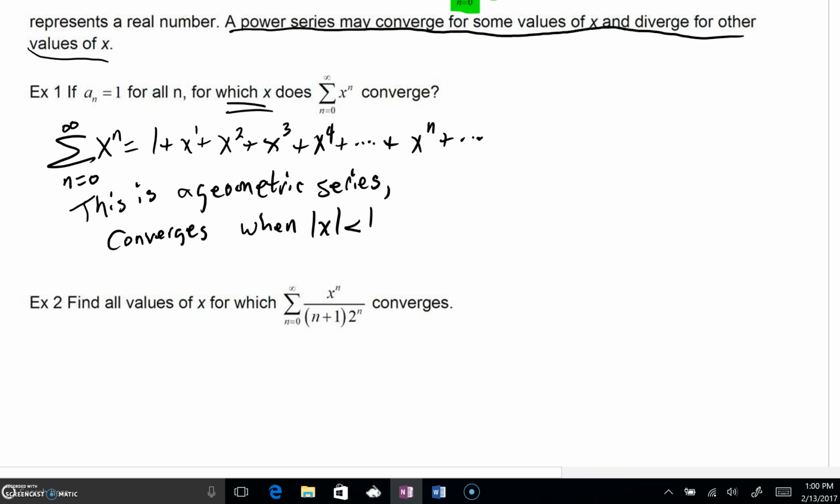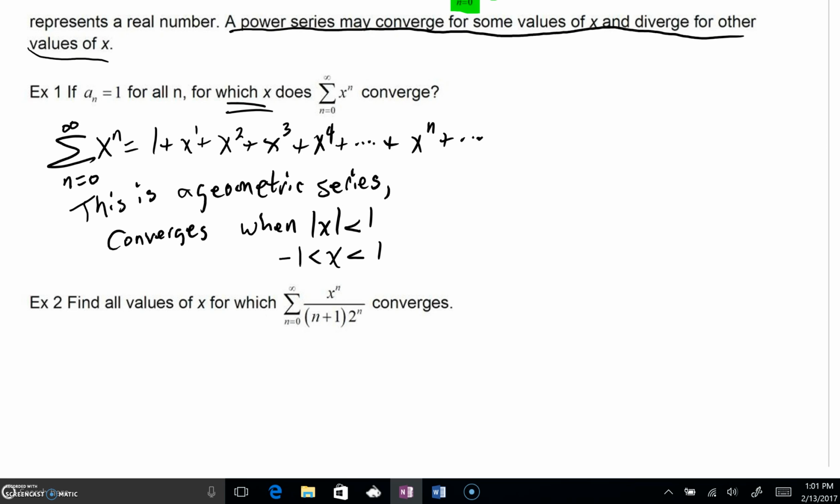Now, guys, in Algebra 2, we talked about a way to solve this absolute value inequality, or at least you should have. What you would have learned is, this less than, it was sandwiched between 1 and negative 1. In other words, if you choose x to be between negative 1 and positive 1, you will have this series converge. So this is a power series, but every power series that has convergence on an interval like this will also have an additional question, and that is what is happening at the endpoints.